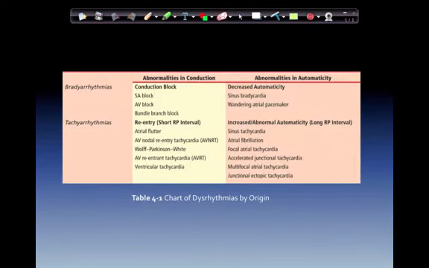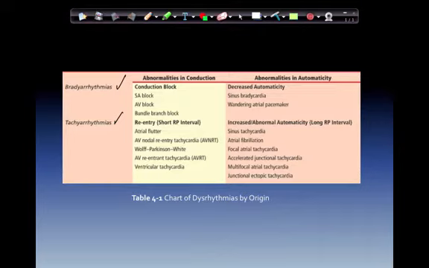So this is chart or table 4.1, charts of dysrhythmias by origin. And we can have things that are slow or things that are fast, which is bradydysrhythmias or tachydysrhythmias. As far as the slow stuff, SA nodal blocks, AV blocks, or bundle branch blocks can all generate a slow conduction pathway.